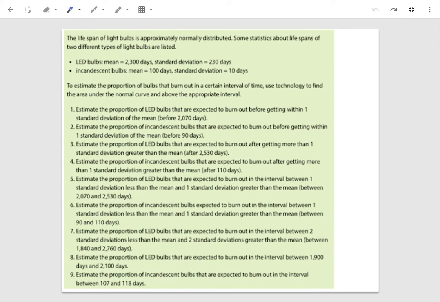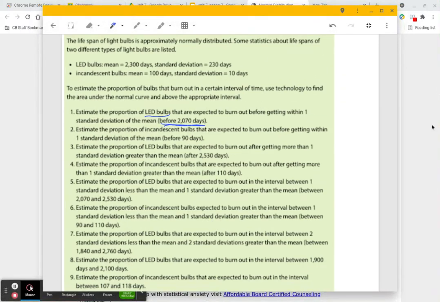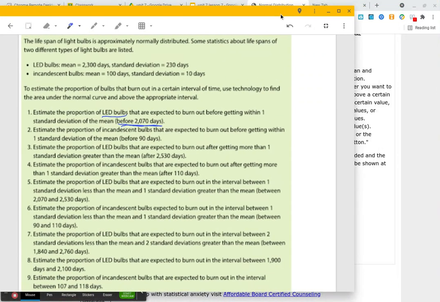So let's take a look at number 1. Estimate the proportion of LED bulbs that are expected to burn out before getting within 1 standard deviation of the mean, before 2070 days. So with that in mind, let's go to our calculator, the normal calculator that I shared with you.